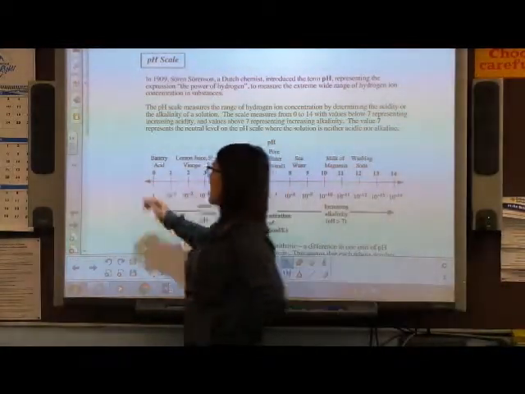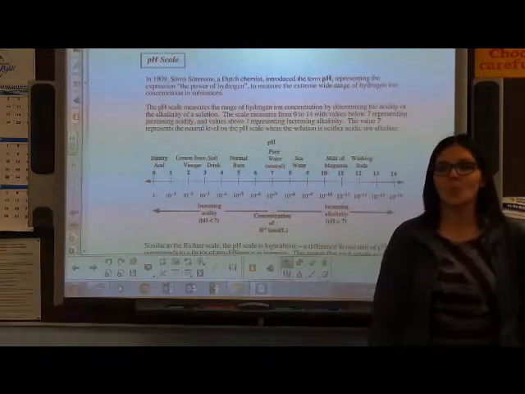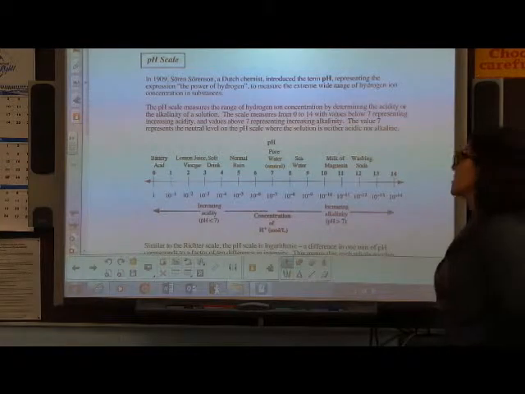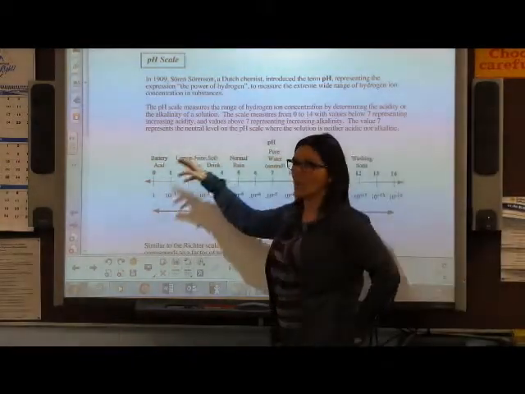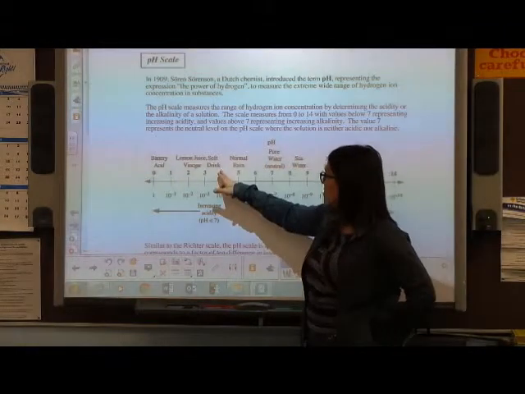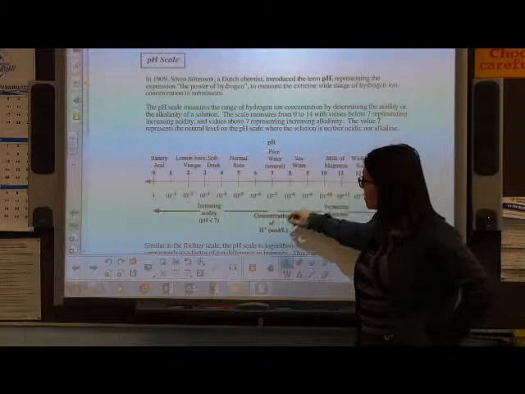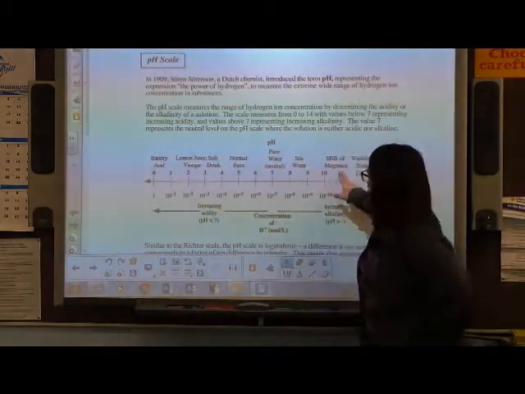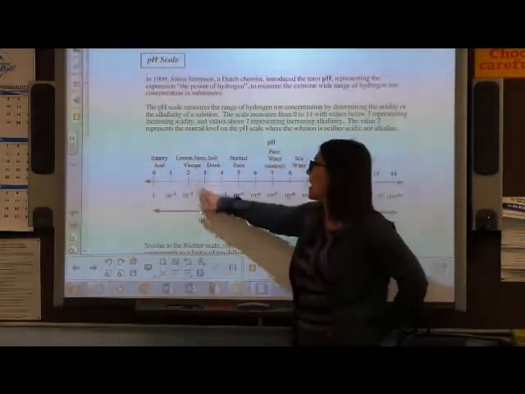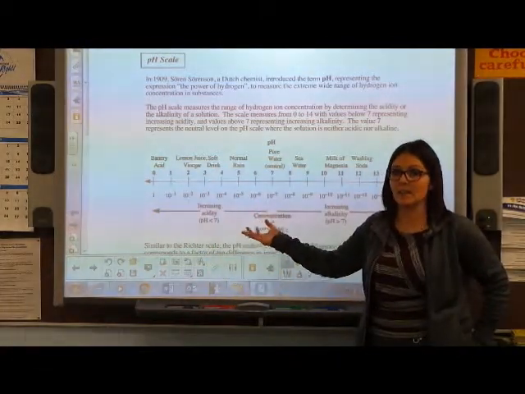As I go left, I increase in acidity. So when we're looking at a pH scale, we have to be very careful because if we're moving one direction, we're talking about acidic. So we can say that a soft drink is more acidic than seawater. But then we can turn around and say that milk of magnesia is more alkaline than lemon juice. Not that we would, but we can say that.